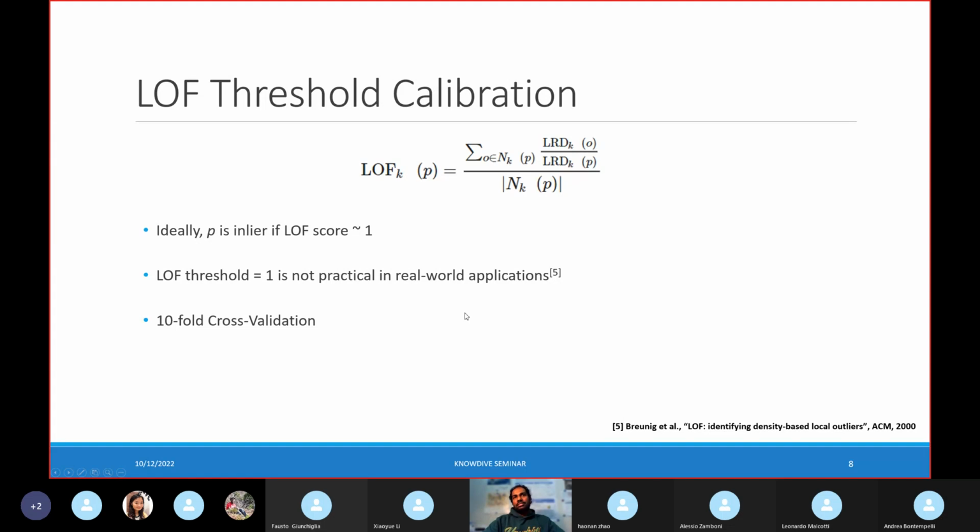So you can say that if an object has an LOF score greater than 1, it is already an outlier. However, this threshold is not really practical in real-world applications, as also demonstrated by the original authors. Therefore, we employed a tenfold cross-validation to identify the optimal LOF threshold.